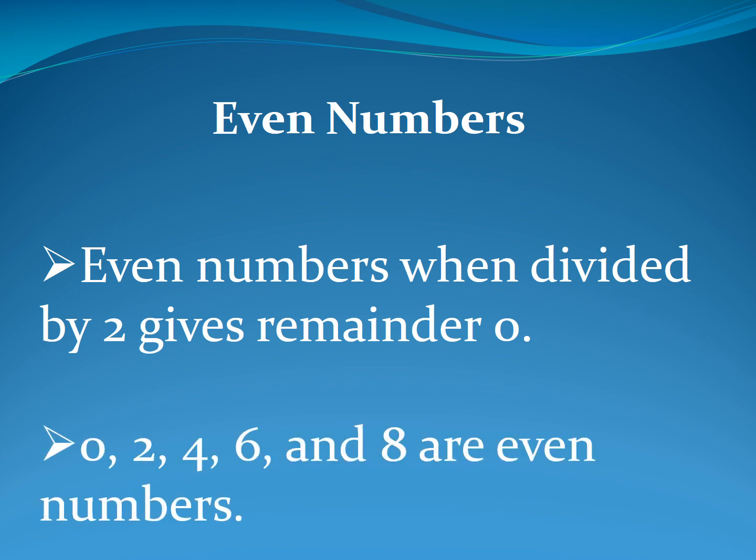Another important property of even numbers is that when divided by 2, they give remainder 0. In other words, even numbers are completely divisible by 2. 0, 2, 4, 6, and 8 are all even numbers.